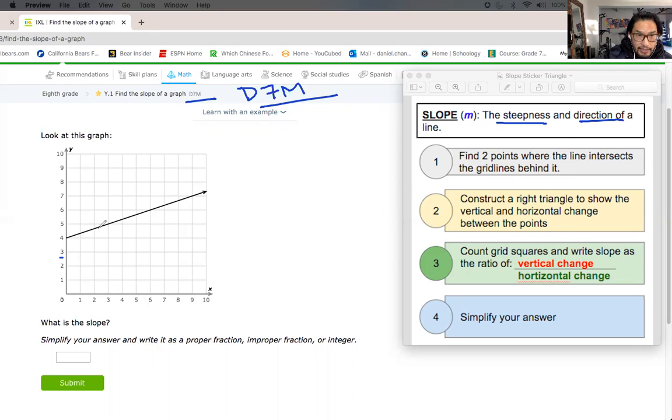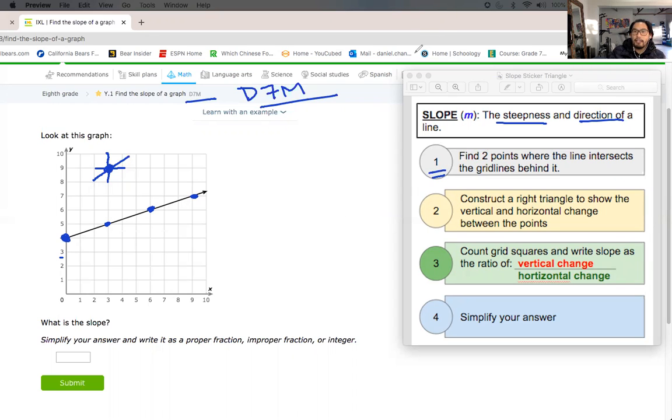That's where this black line intersects the gray grid lines, making a perfect cross. So I'm just going to put points every place I see the black line intersecting the gray grid lines. That is step 1.